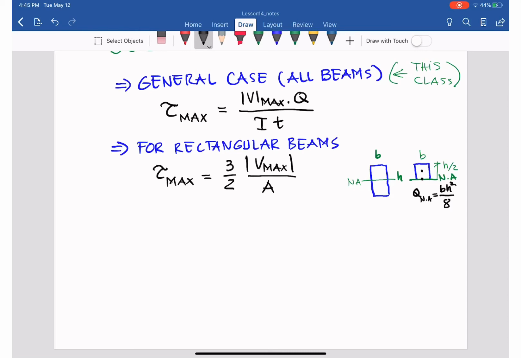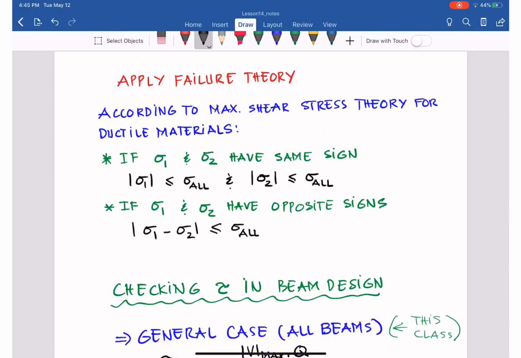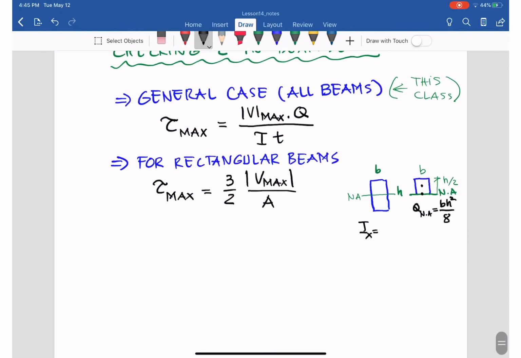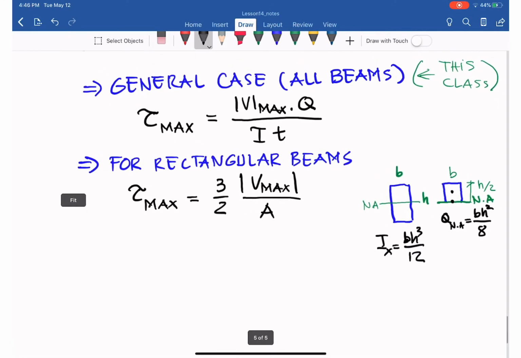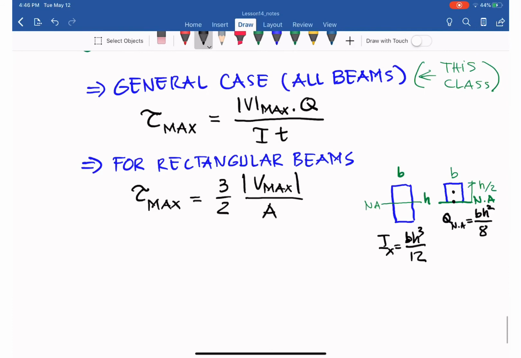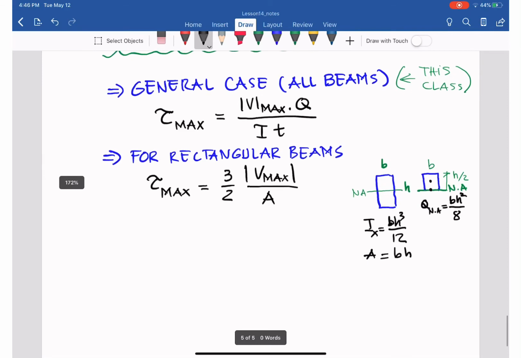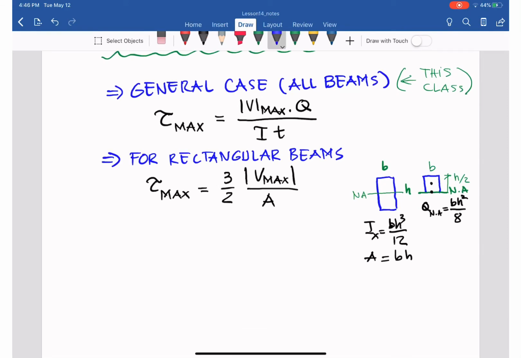We also remember that I x for this rectangle is b h cubed over 12 for the whole cross section. Plugging these two in, it will equal 3 over 2 V max over A, where A equals b h, because for a rectangle it is the width times the height, or depth, of the beam. That is where the equation comes from.